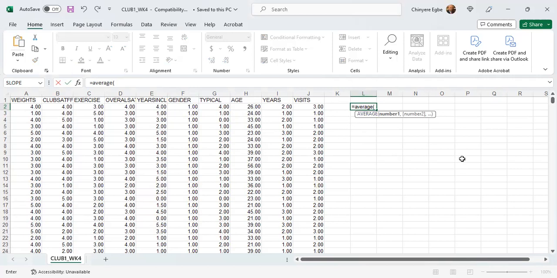Let me just take F2, because it's really long.